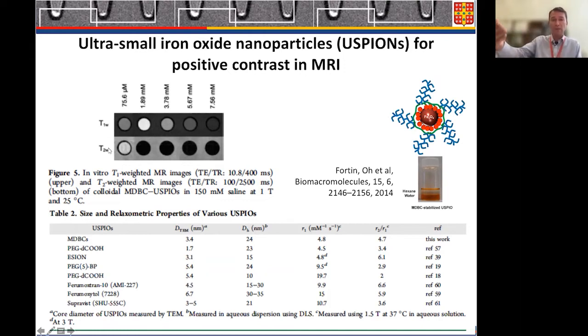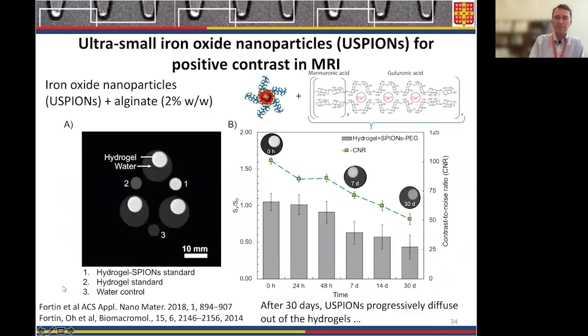So for positive contrast and also for negative contrast, when we need to perform a negative contrast visualization, we can do it. And we also compared these iron oxide nanoparticles with different types of commercially available iron oxide nanoparticles. And we also followed the capacity of the nanoparticles. The iron oxide nanoparticles were integrated in alginate.